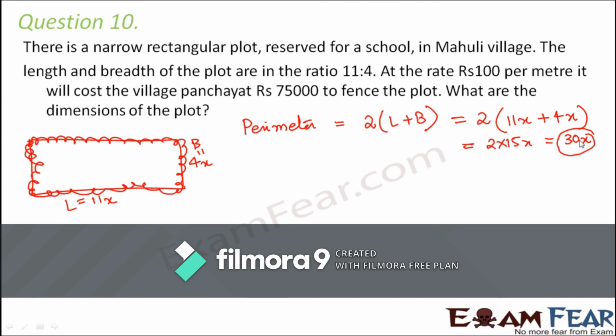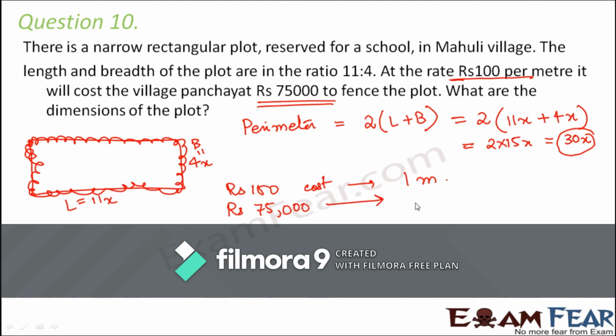Now let us come to the cost. Here it says that the rate of the cost is rupees 100 per meter. So rupees 100 is the cost for 1 meter. The total cost the village panchayat has calculated is 75,000.